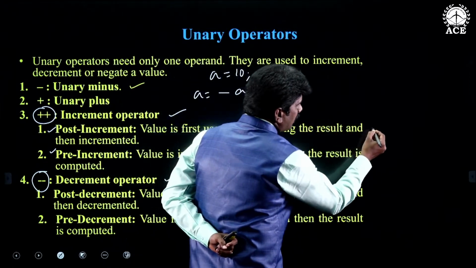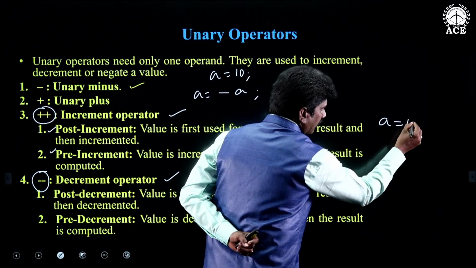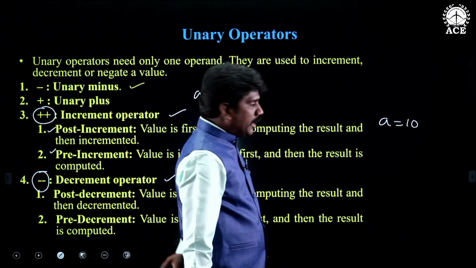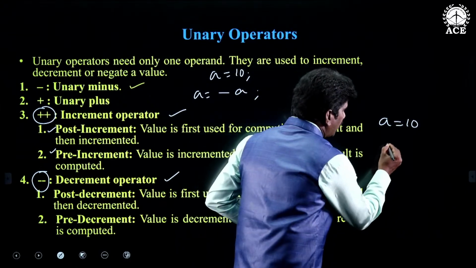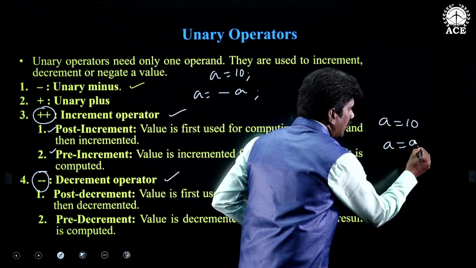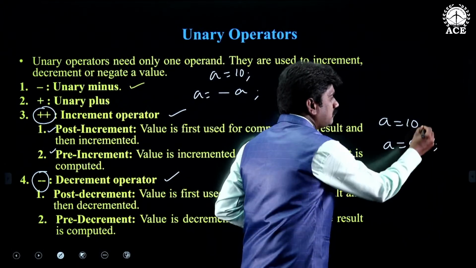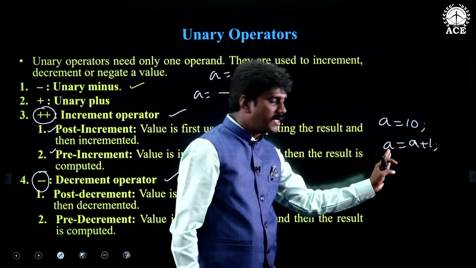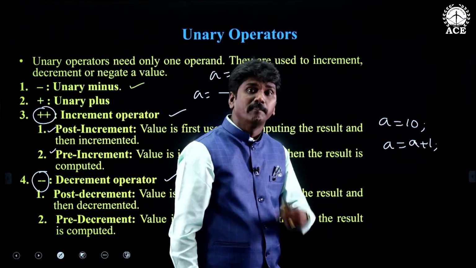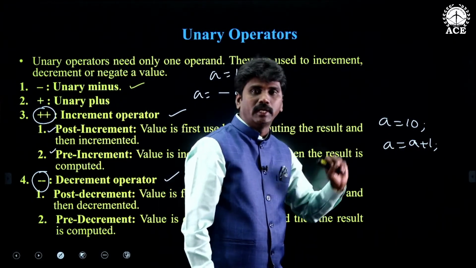For example, I have a is equal to 10. If I would like to add 1 to it, I can write a is equal to a plus 1. Initially, I have the value a is equal to 10 and I have changed it like a is equal to a plus 1, means I have added 1 to it.